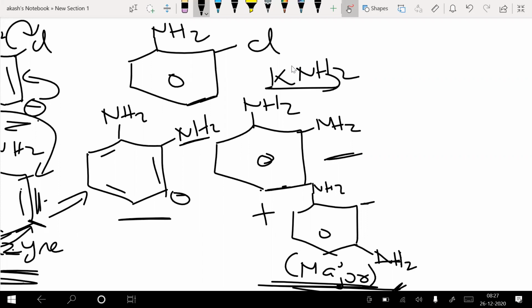Again, we'll do a good number of problems for all the reactions which we saw. But the last thing would be electrophilic substitution. Electrophilic substitution happens only in benzene rings: nitration, sulfonation, tosylation, all these things. Okay, sulfonation, chlorination, Friedel-Crafts. So all these things we'll see next class, and I think we'll wind up.